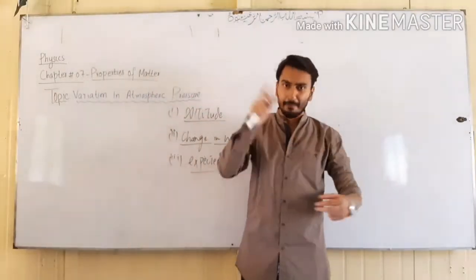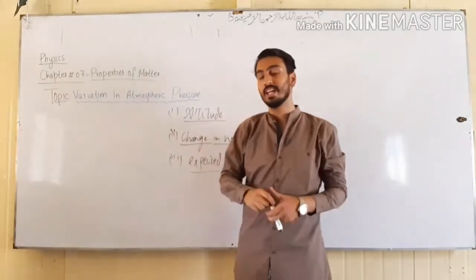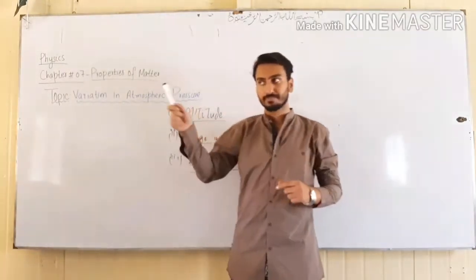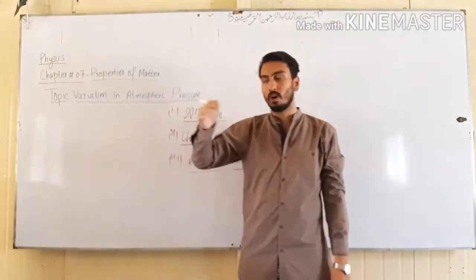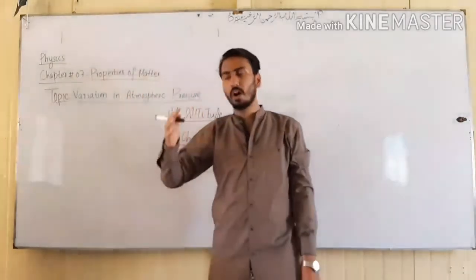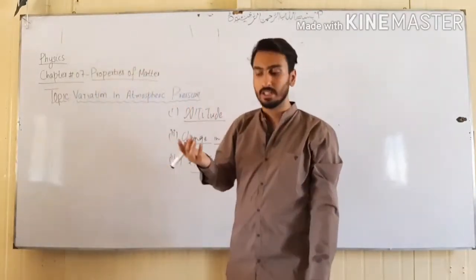Similarly, if there is a rapid or sudden fall of atmospheric pressure in some region, it means that there is a probability of storm, or you can say a probability of wind or rain in the neighboring region.